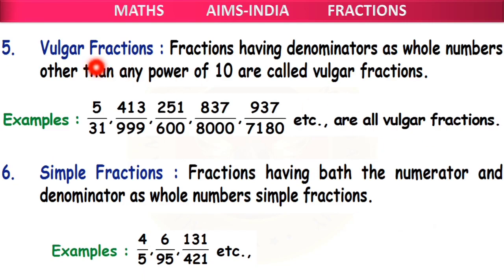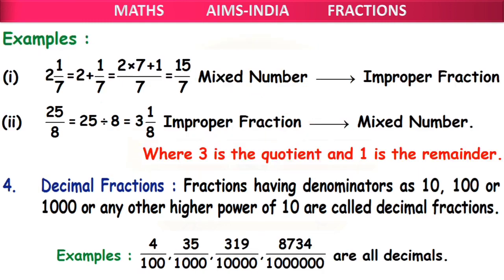The next type was vulgar fractions. Fractions having denominators as whole numbers other than any power of 10 are called vulgar fractions. Sorry, we missed decimal fractions here.